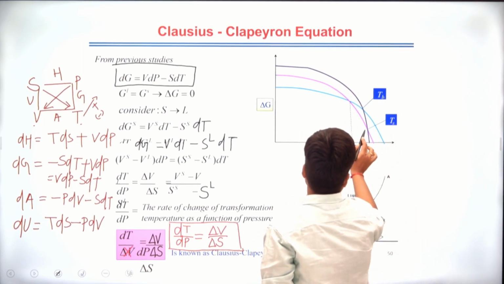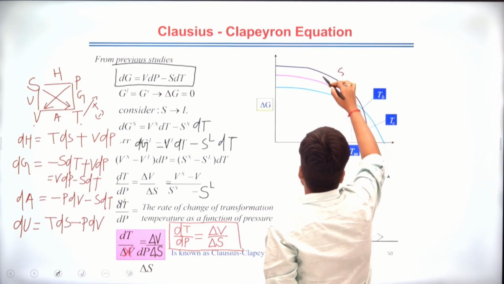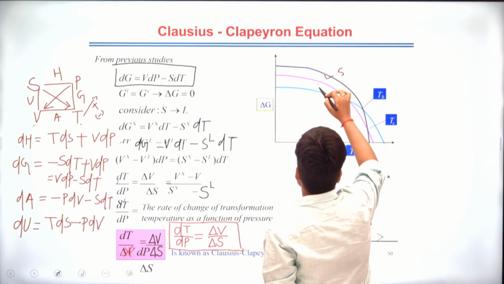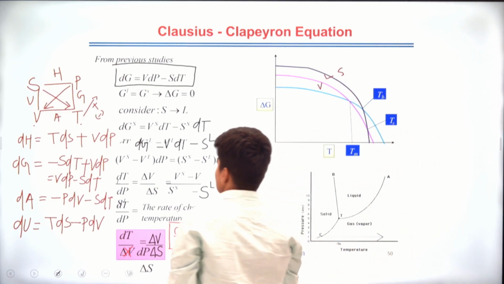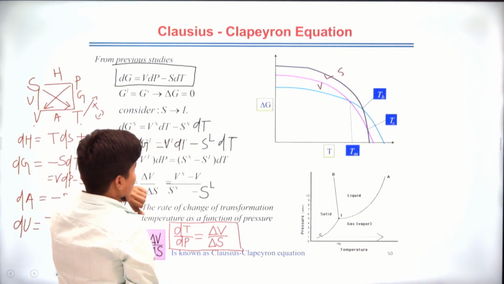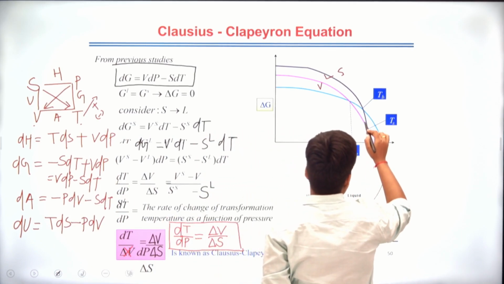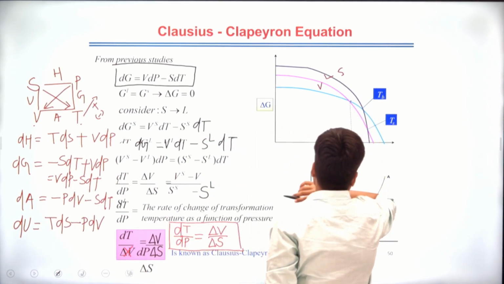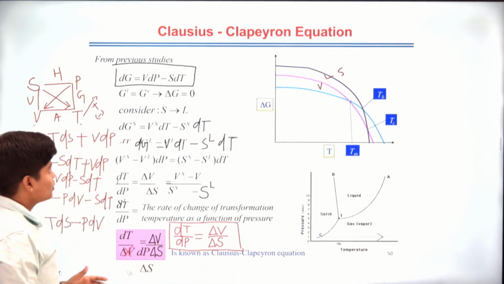This line is for solid, this line is for liquid, and this line is for vapor. So consider melting, solid to liquid. If the phase changes from solid to liquid, we know that at one temperature, at the melting point, the free energy of solid and the free energy of liquid will be equal.